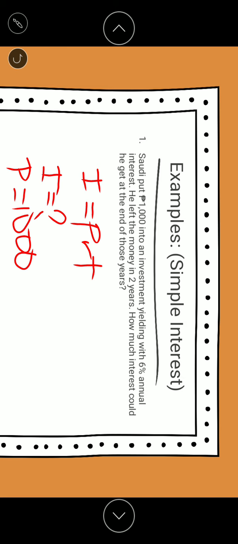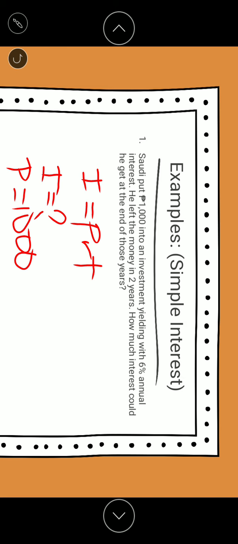Ang interest rate ay yung annual interest na nabanggit sa pag-invest ni Saudi, which is 6%. But, this is an important note. Kailangan mo munang i-convert ang percentage ng interest rate into decimal para magamit mo ito sa formula. There would be an error or hindi mo makukuha ang exact answer to the question if you use the percentage.